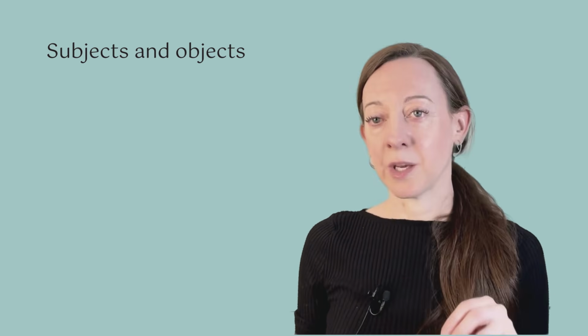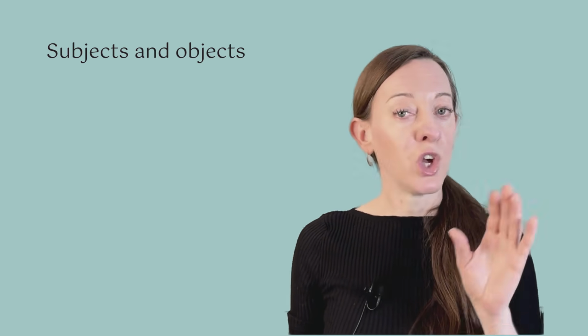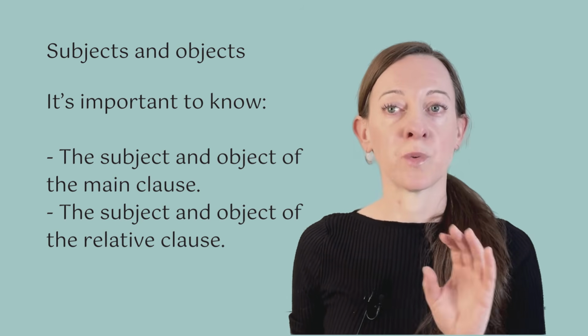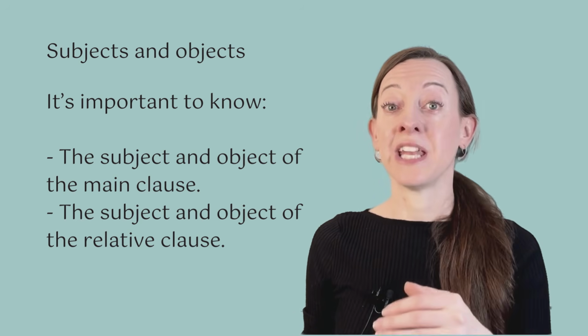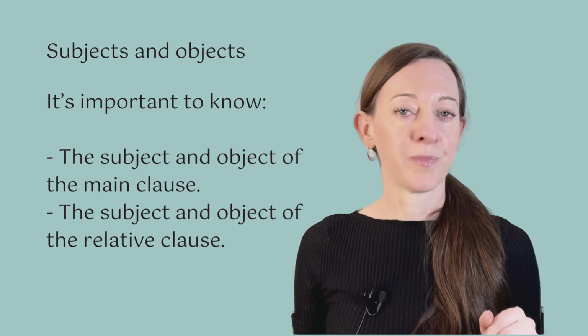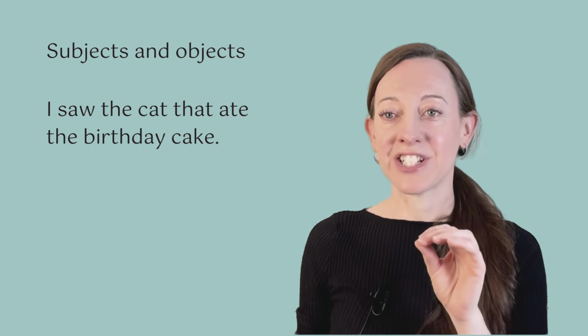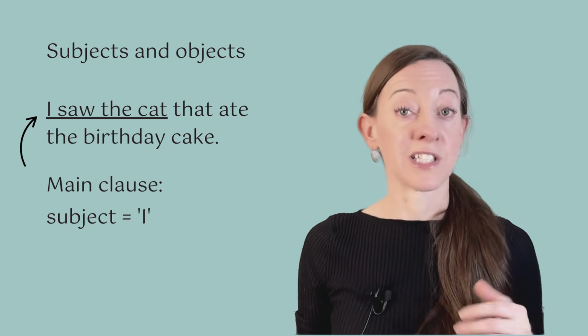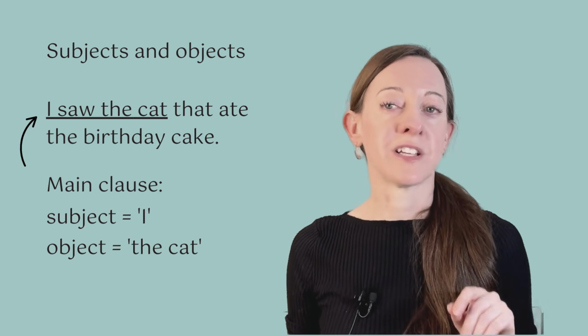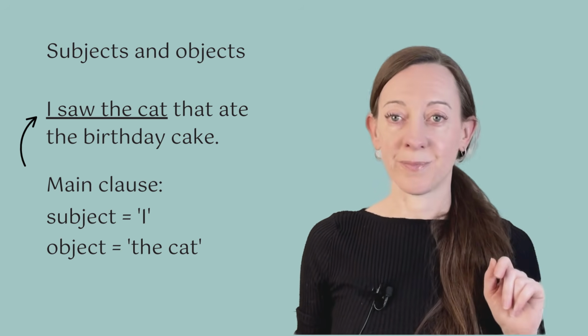When we're talking about relative clauses, it's really important to understand where the subject is and where the object is, both in the relative clause and in the main clause of the sentence. I saw the cat that ate the birthday cake. In this case, the subject of the main clause is I, and the object of the main clause is the cat.